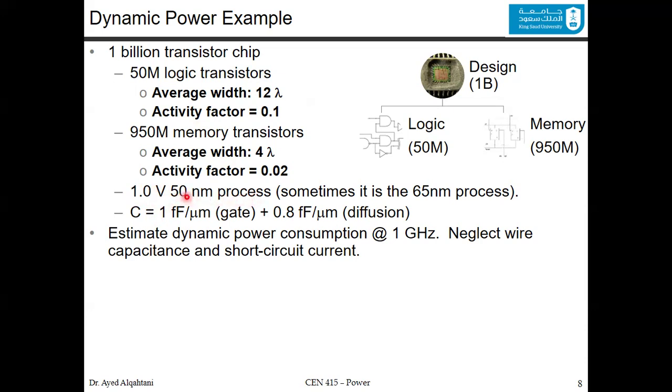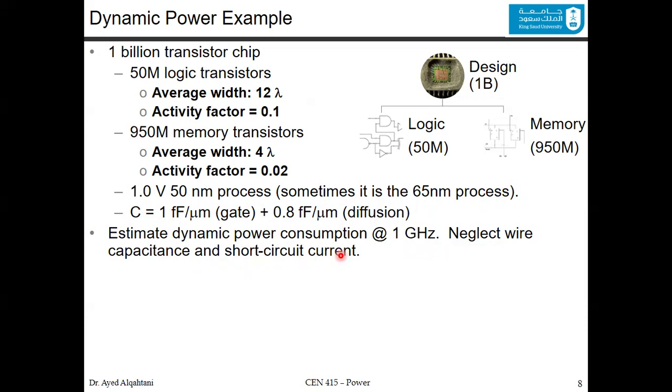The process generation that we are using is actually a 65 nanometer process, but for many reasons, we will consider 50 nanometer in the calculation. Now, the capacitance is 1 femtofarad per micrometer for a gate, and for a diffusion it is 0.8 femtofarad per micrometer. You were asked to estimate the dynamic power, given that the system clock frequency is 1 gigahertz, and you were told to neglect the wire capacitance and the short circuit current.